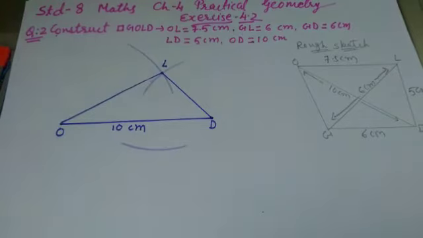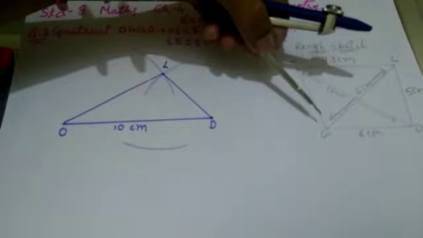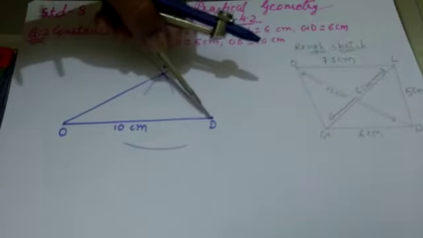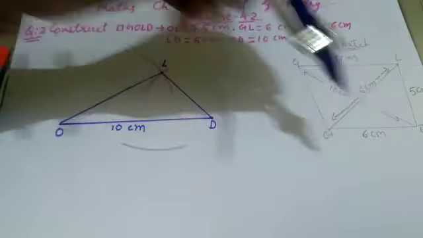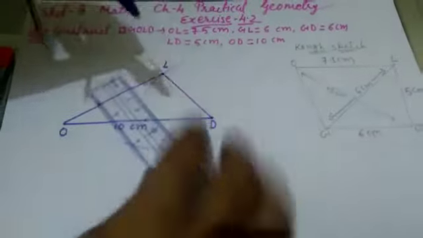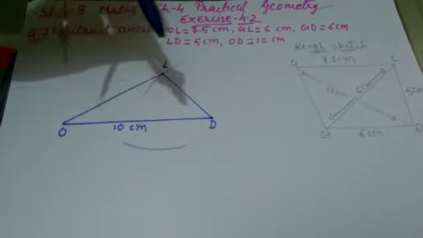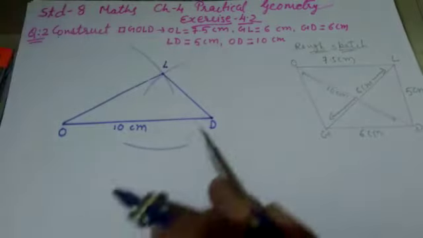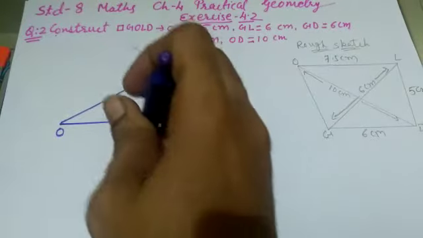Okay. Then now we will construct DG. So for that we have endpoint D. Now we will adjust 6 centimeter radius on compass. Already we have adjusted, so we will not disturb it, and we will take D as a center and we will draw an arc.